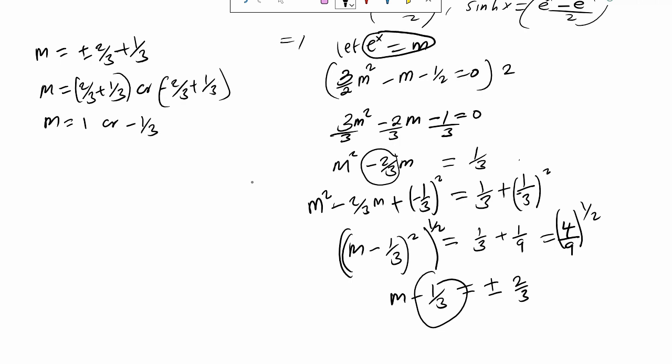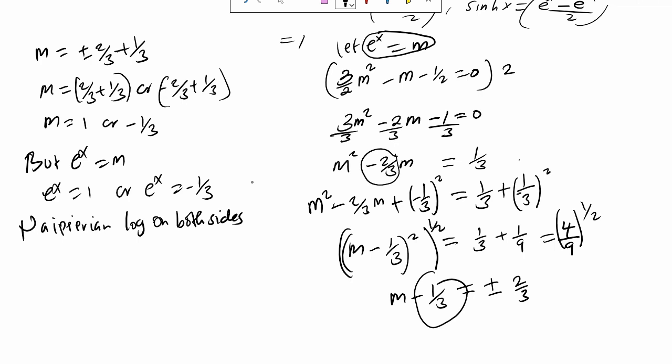But you remember we did let e raised to x equals m, so it means that e raised to x is 1, or e raised to x is negative 1/3. Now if you take the Napierian logarithm, it means that ln e raised to x equals to ln 1, or ln e raised to x is ln negative 1/3.